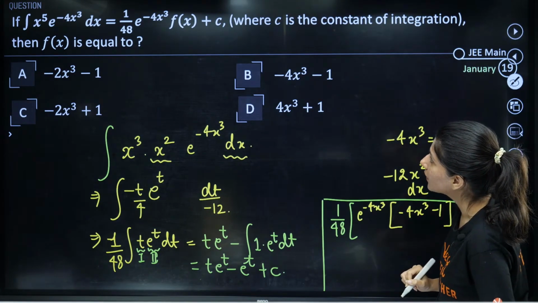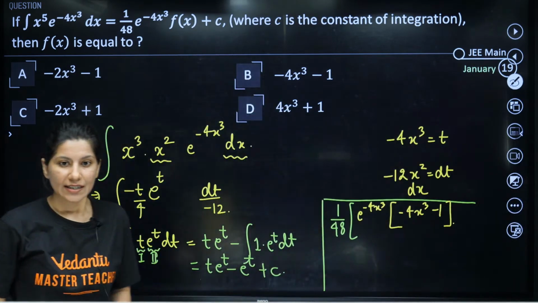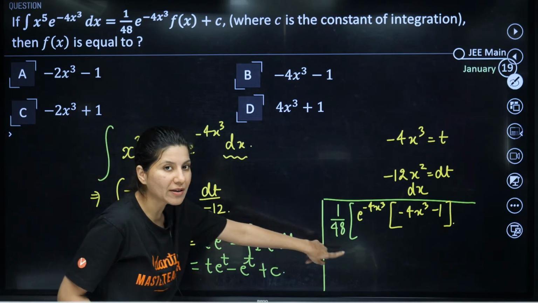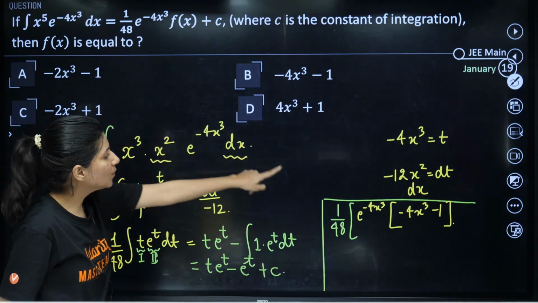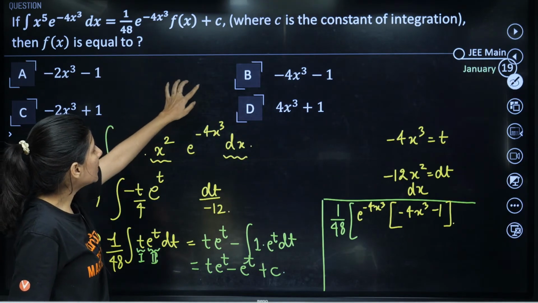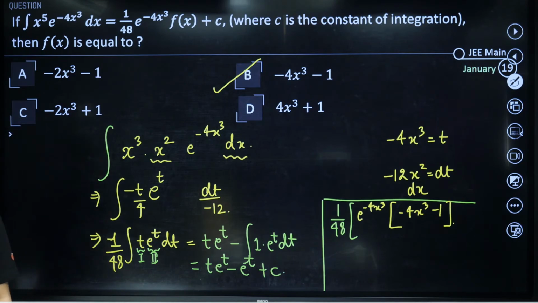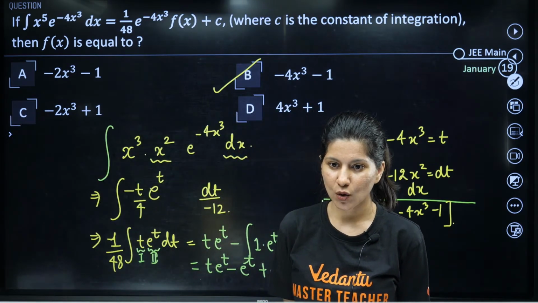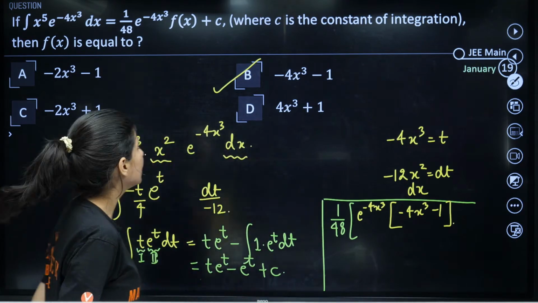Now let's compare this with the right hand side. 1 by 48 matches, e raised to power minus 4x cube matches. So f(x) will clearly be option B. Option B, absolutely right.